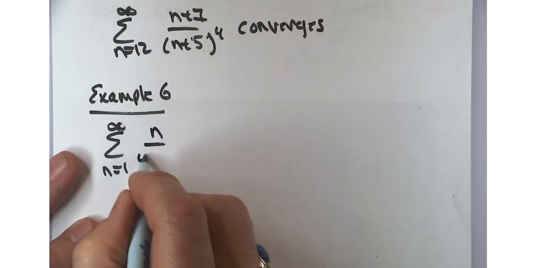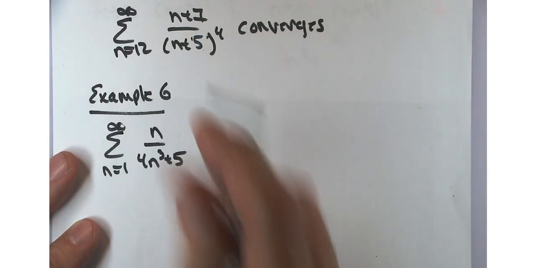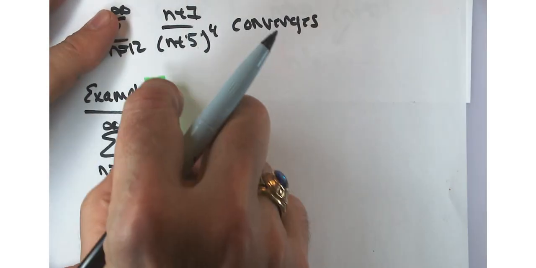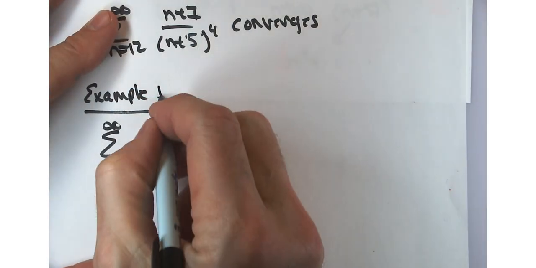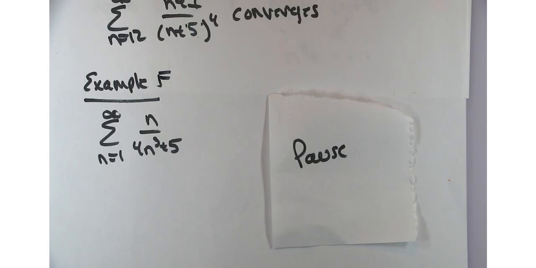Do you mean example F? Yeah, my bad. Thank you. Example F. Think about this one. Decide for yourself if you think it converges or diverges first. And then proceed with either the direct comparison test or the limit comparison test, whatever works for you.